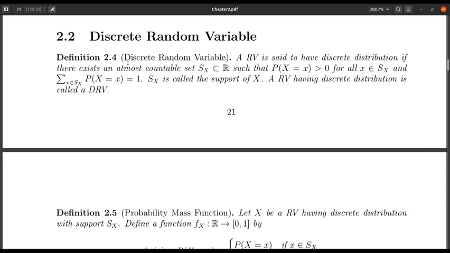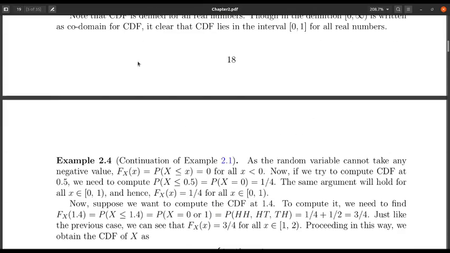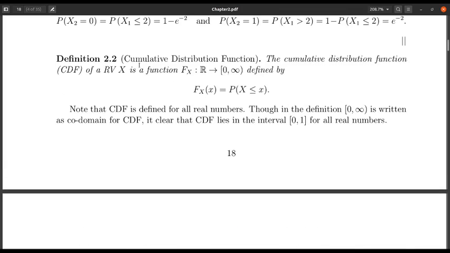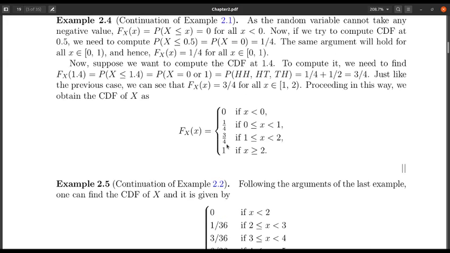Now note that when we talk about the distribution of different random variables, we have been giving examples. In one case the distribution function is given by this expression, which is nothing but, if I toss a coin two times, the random variable x is the number of tails out of two throws.